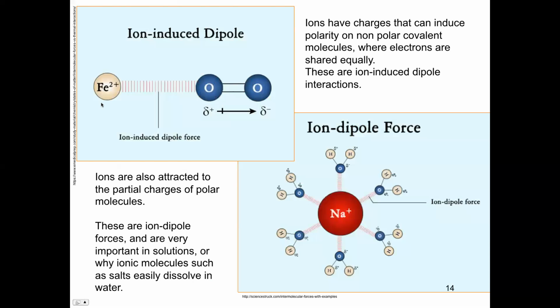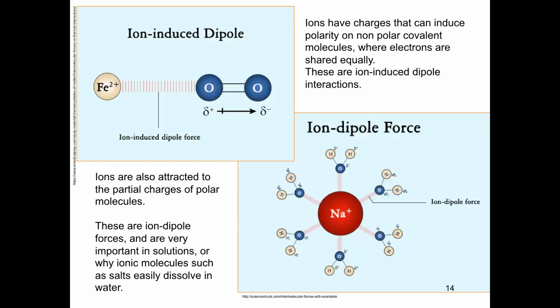The electrons will arrange themselves so the positive stays away from the negative, repelling those electrons over here and inducing that side to be more negative. I know the ion has a positive charge, but the electrons are moving around and it can induce a dipole in the other molecule.